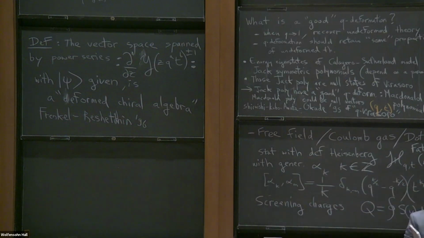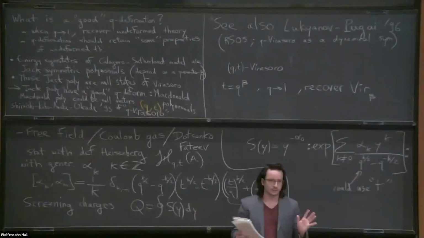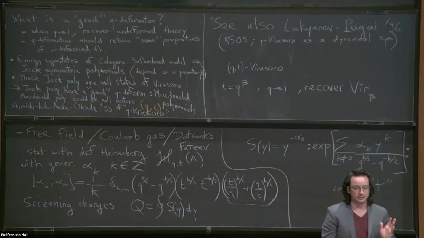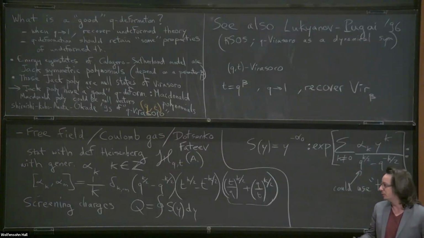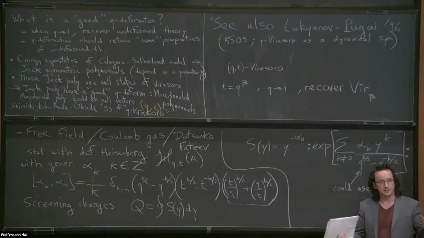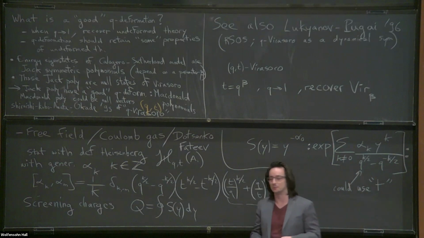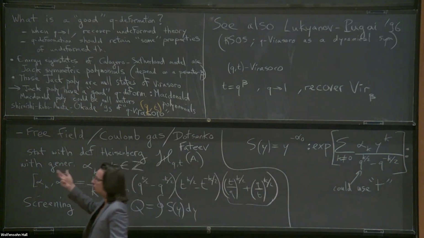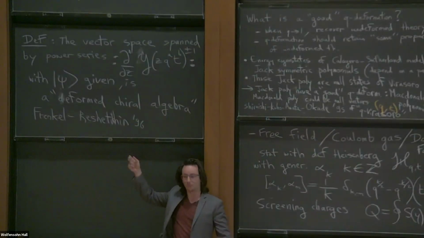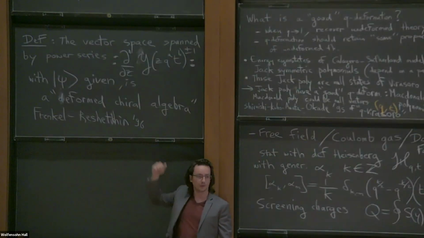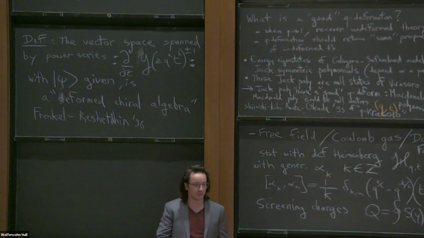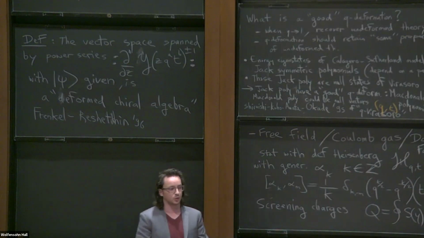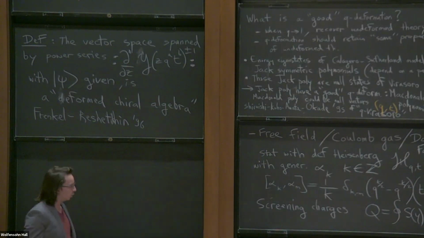Just in the usual non-q-deformed realm, it has about 7 or 8 axioms that it needs to satisfy. You can formally define, by modifying those axioms, which is again quite complicated, what it means to talk about the deformed chiral algebra. So this is a well-posed mathematical definition.